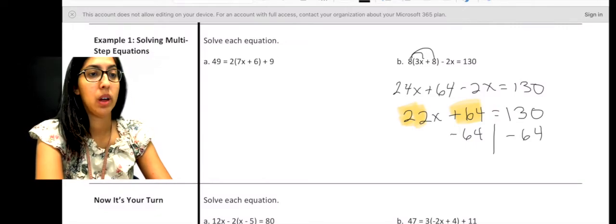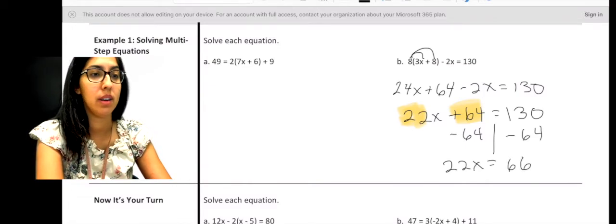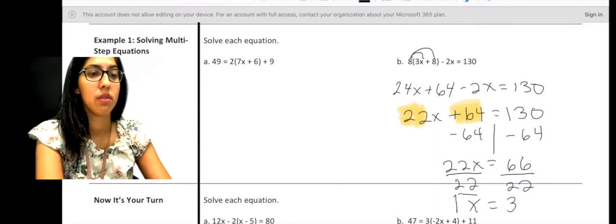So now I'm left with 22x, and then on this side, 130 minus 64 is 66. Okay, and then we're left with our last step to divide by 22, so x is going to equal 3.